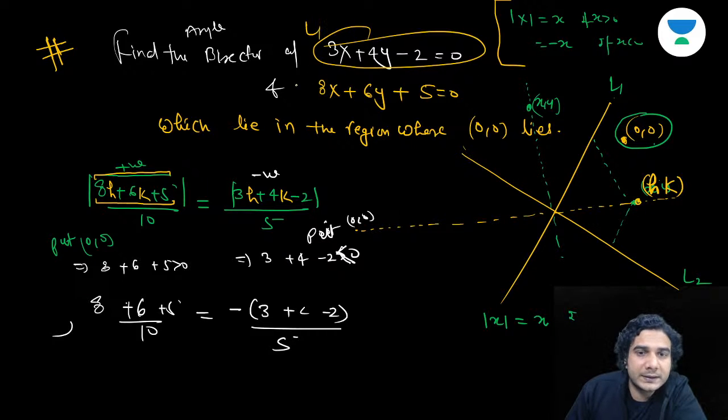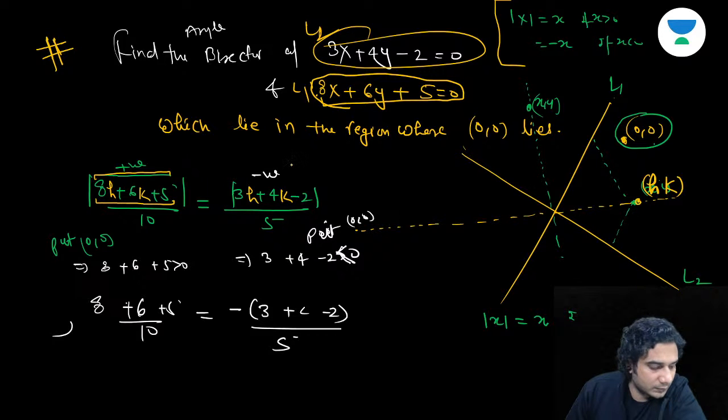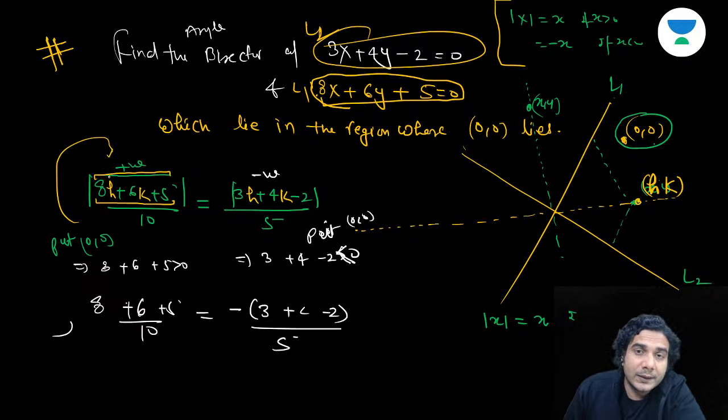This is line L1, and this is line L2. So because you are putting h comma k in line L1, it should give you the same sign which 0 comma 0 will give you. So I have put 0 comma 0 in this equation and checked the sign. For 0, 0 it is giving positive sign.